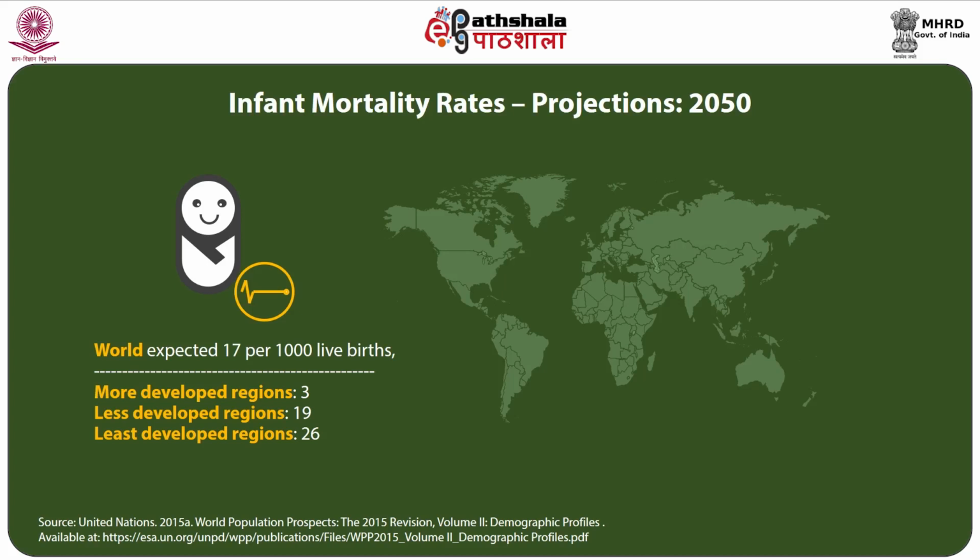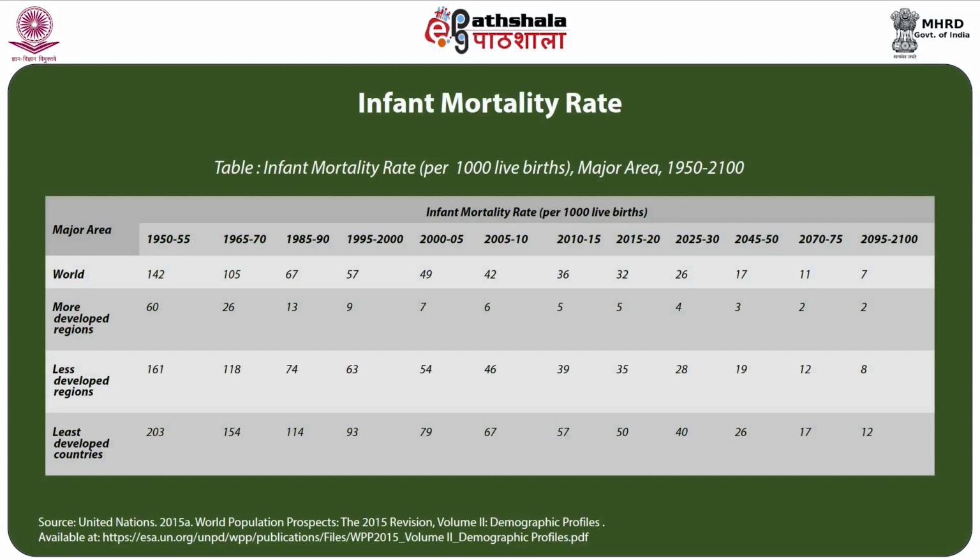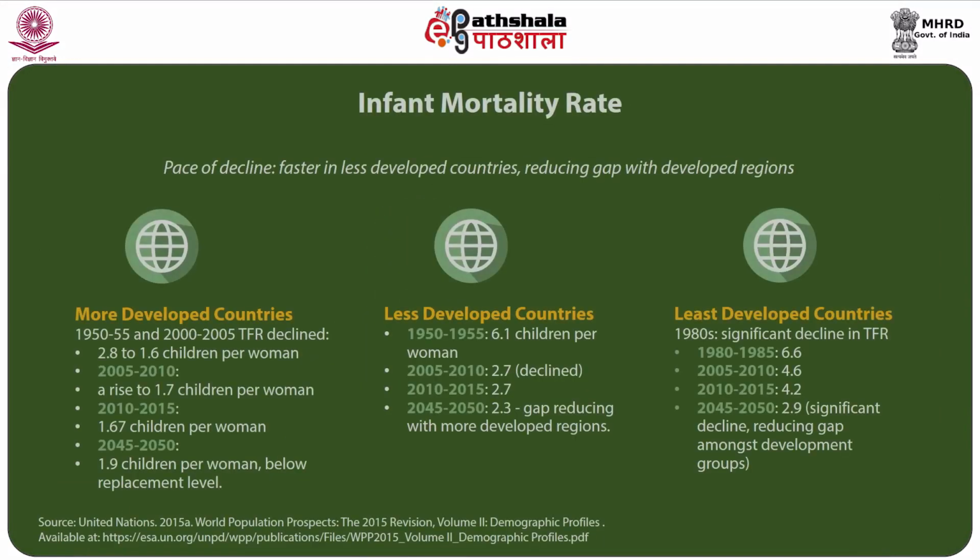In less developed regions, it is going to be 19, and in the least developed regions, as high as 26, which clearly indicates that major emphasis is required in the case of less developed and least developed regions for bringing down the infant mortality rate. Then only can we say that our overall mortality has come down across the different regions. Similarly, if you look at the reductions in infant mortality rate across different regions and the world as a whole, there is no doubt a steady decline over a period of time.